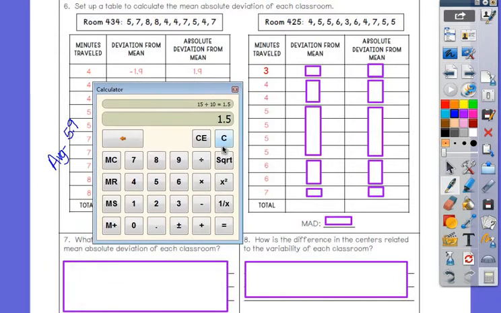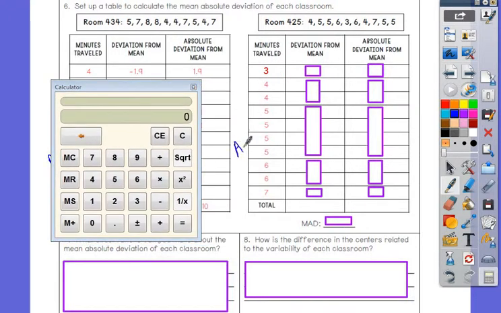I had to calculate the mean of this data. When I added all of these up, I got 50. There are 10 data points, so I did 50 divided by 10 and got my average, or my mean, to be 5.